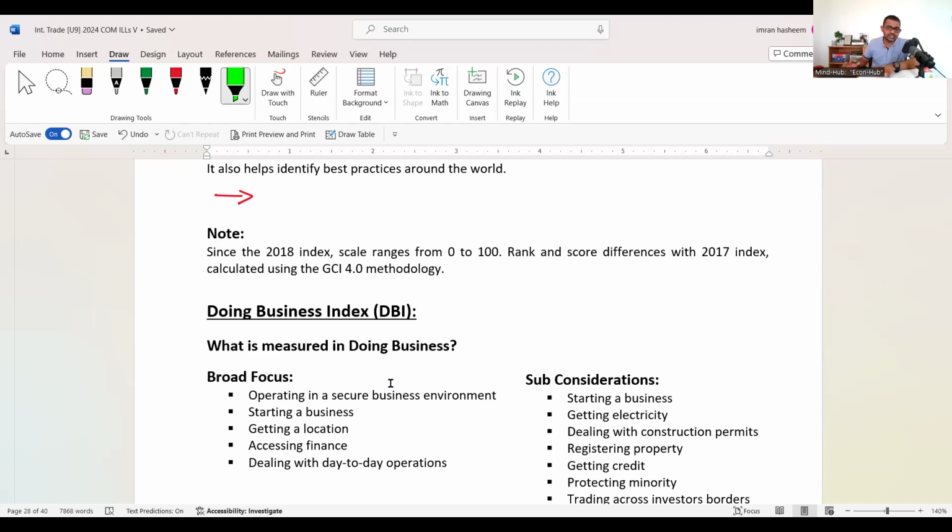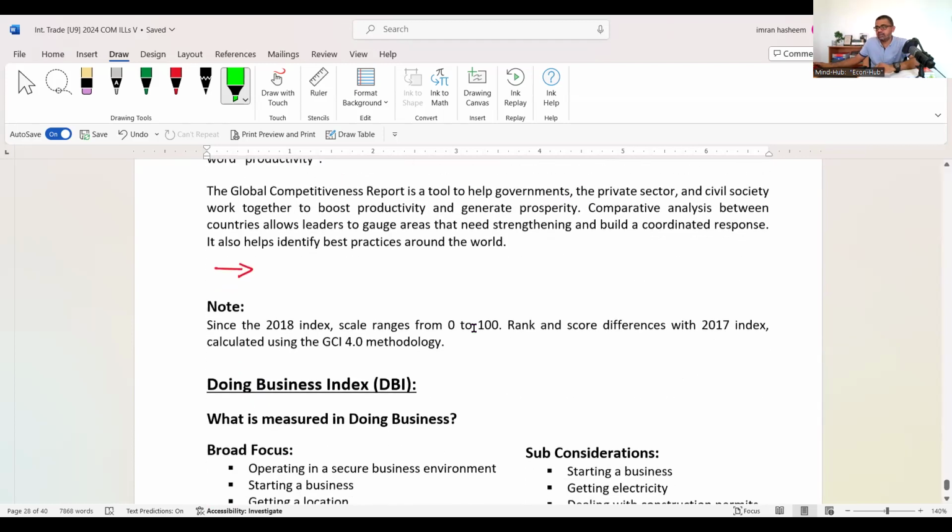We don't need to know these technical things, I've just given that idea. The score can range from 0 to 100. If it's 100, you are highly competitive. If it's close to 0, you are less competitive or non-competitive.